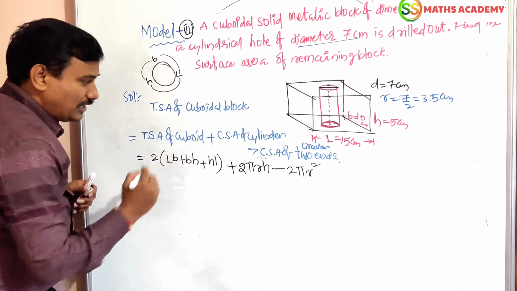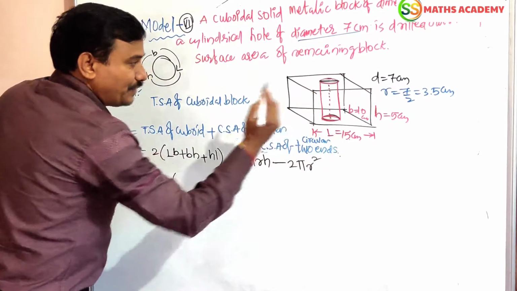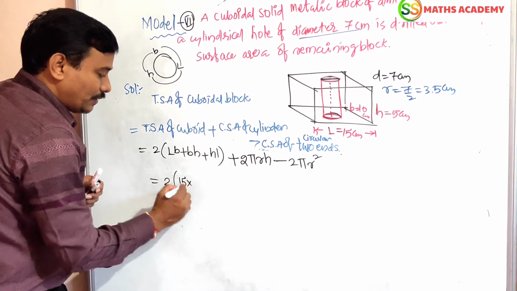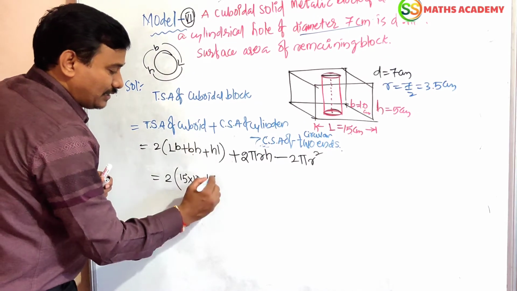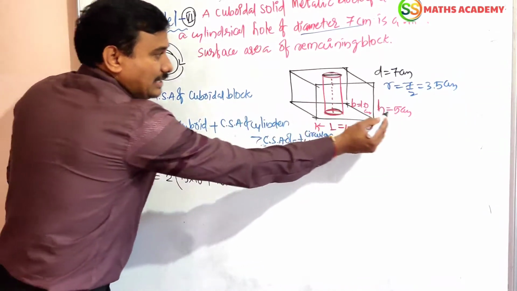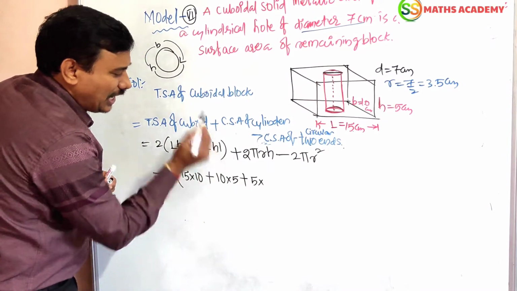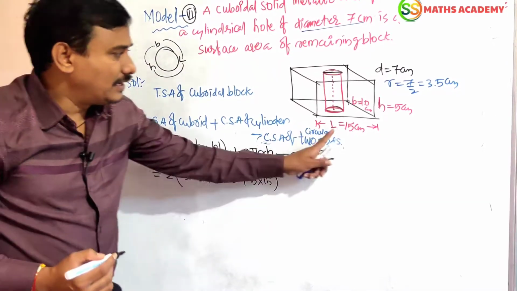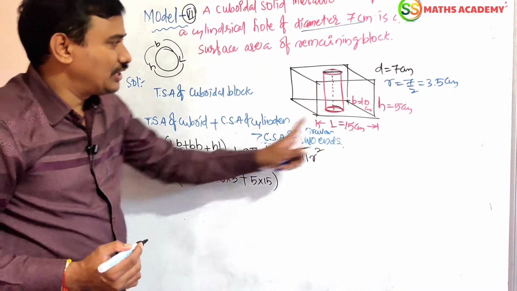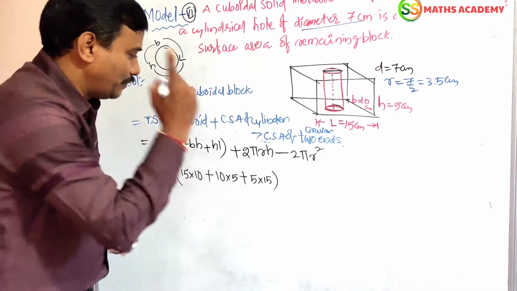Now dear friends, you see 2 into length 15, breadth 10 plus breadth 10, height 5 plus height 5, height into length 15. Once again, LB, length into breadth, BH, breadth into height, HL, height into length, completed.